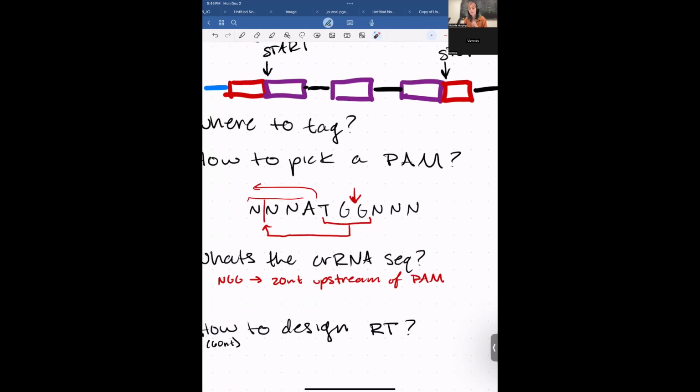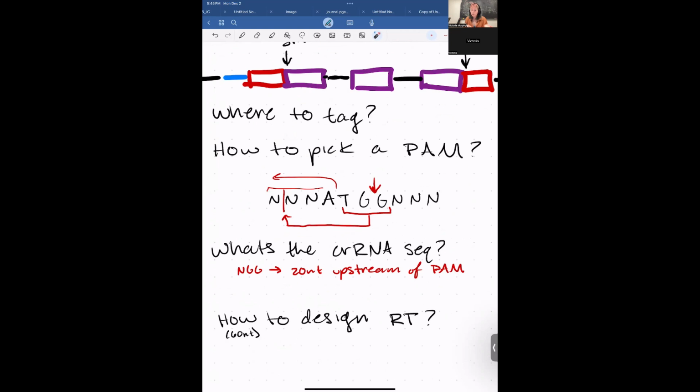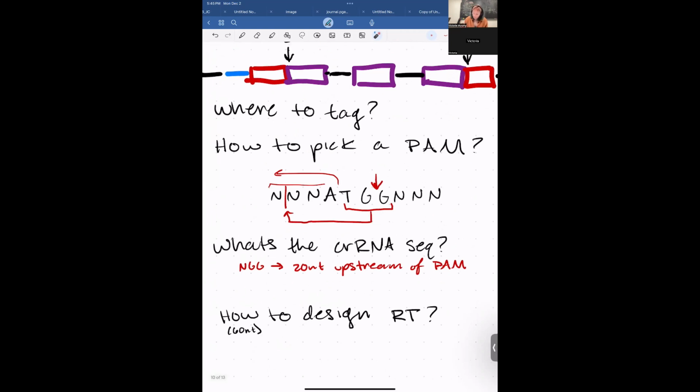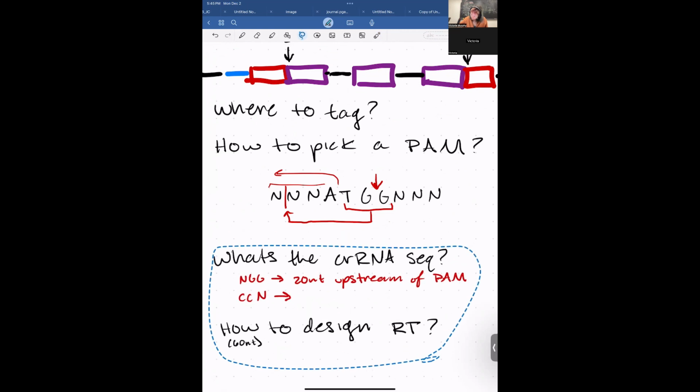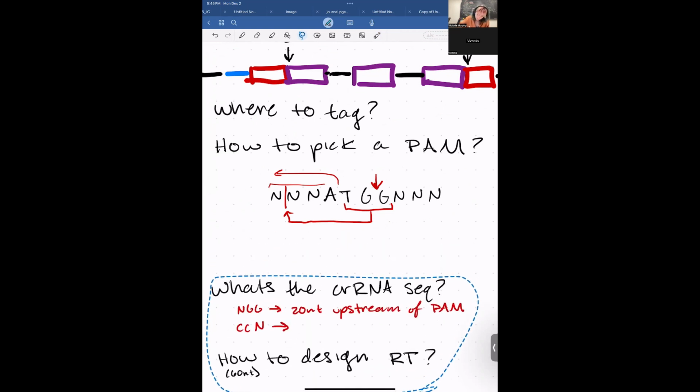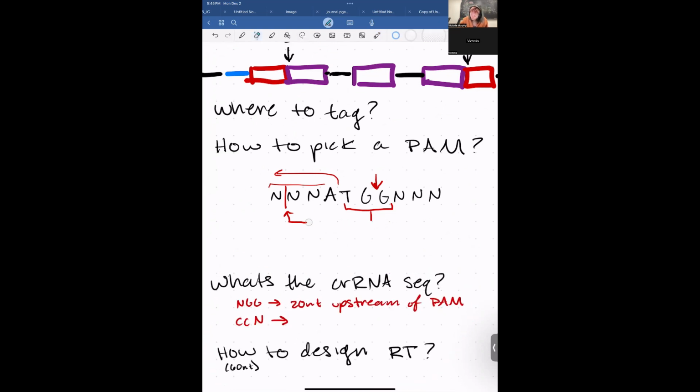So this can get a bit more complicated when we're looking at the other strand, so a CCN PAM. I'm going to move this down. So I'm going to change this to what if this was the sequence?